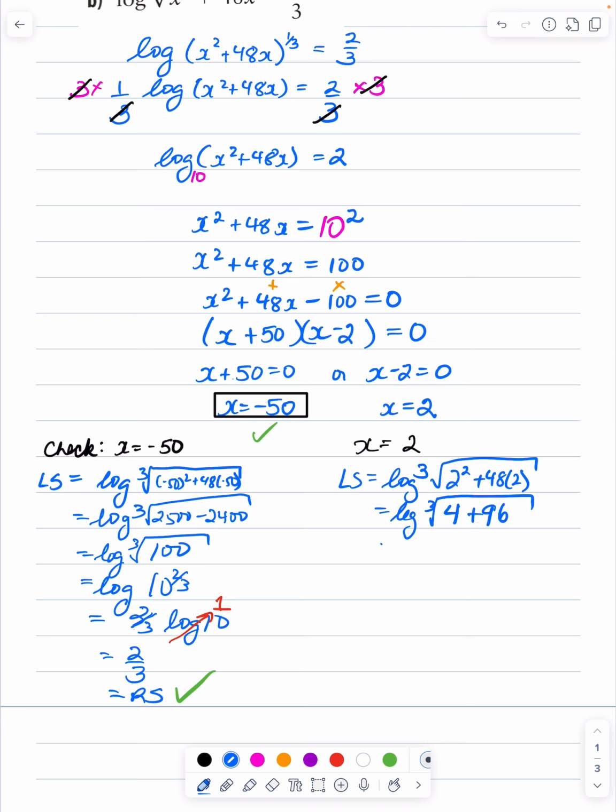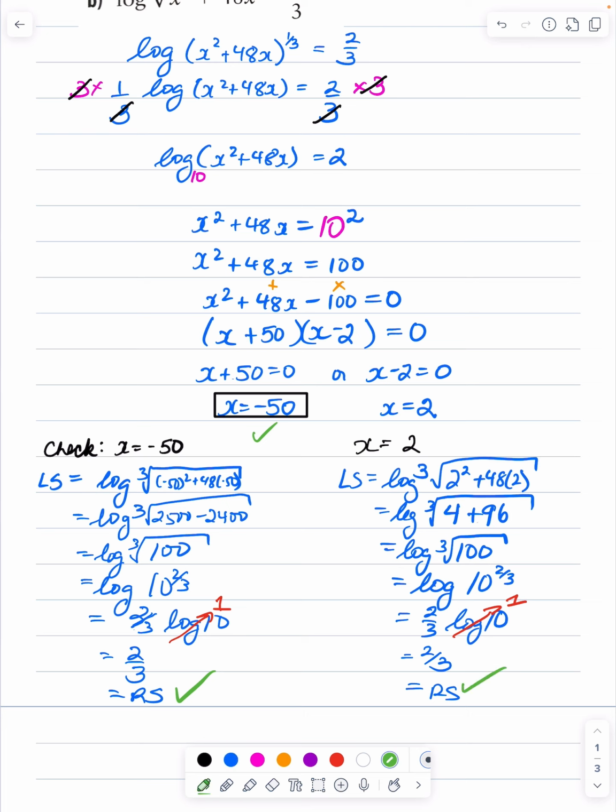We end up having on the inside of the radicand 100, and it's the same thing as the previous check. Change it, 10 to the 2/3, and you get 2/3 log to the base 10 of 10. This goes to 1. My answer here is 2/3, which is equal to the right side, and check.